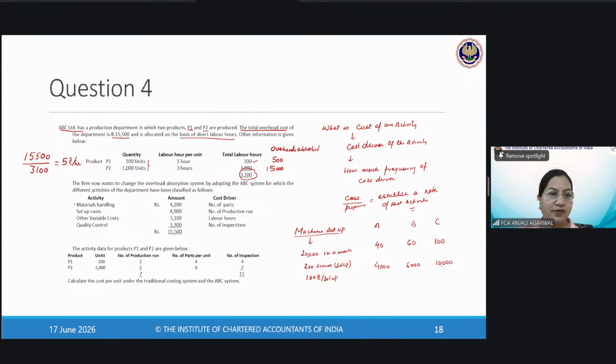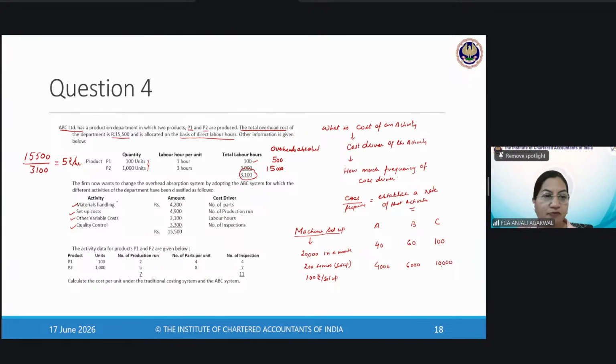The various activities are material handling, setup cost, some other variable cost, and quality control activity. Out of the 15,500, 4,200 was incurred on material handling, 4,900 on setup, 3,100 on other variable costs, and 3,300 on quality control.